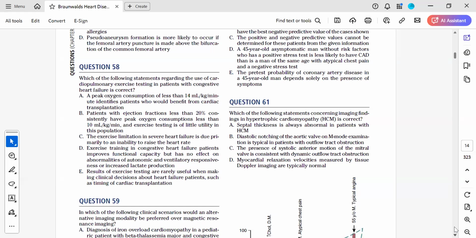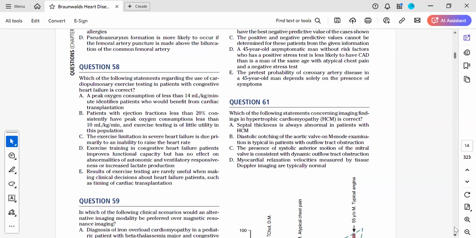So this question is essentially testing our knowledge on cardiopulmonary exercise testing. Exercise testing usually plays a crucial role in diagnosis, prognosis, and management of patients with heart failure. It helps to evaluate the functional capacity, assess the severity of symptoms, and monitor the effects of treatment.